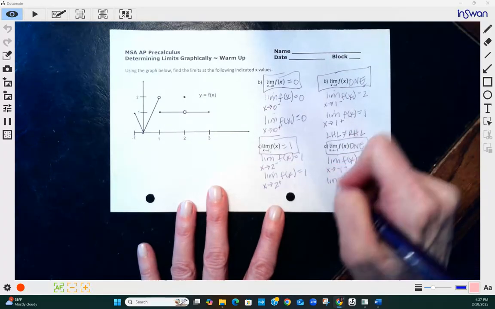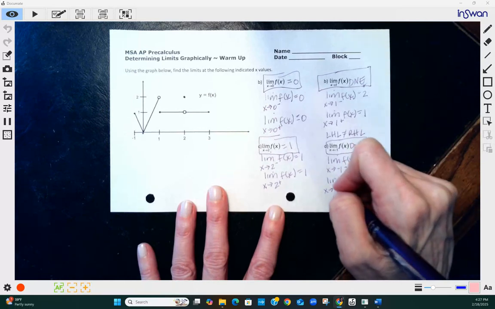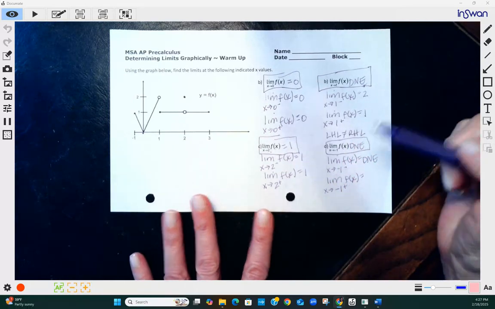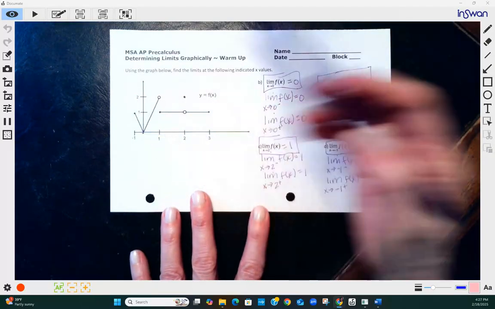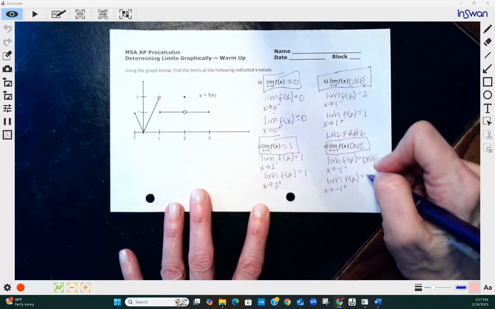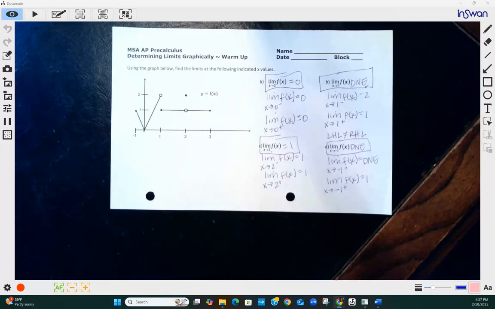The function does have a right-hand limit, so you can have one-sided limits. The limit as x approaches negative 1 from the right is 1. So there is not a left-hand limit, but there is a right-hand limit.